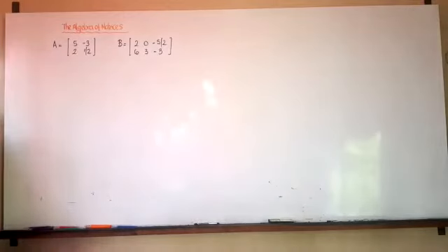The square matrix, my dear students, we call square because this matrix has the same dimensions. I mean, the same number of rows as the number of columns. All right. For example, in the matrix A, how many rows do we have?